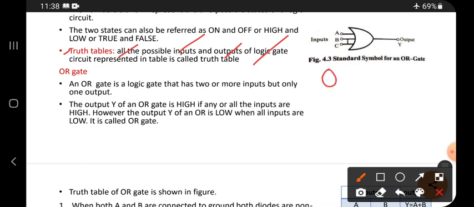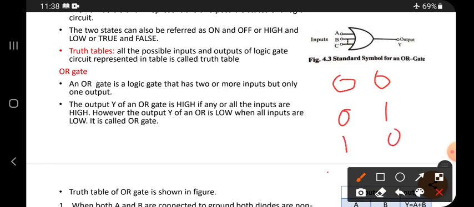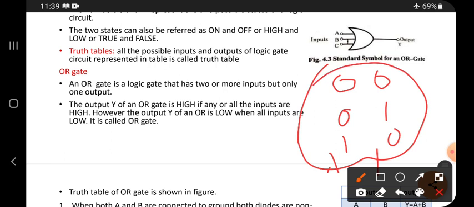Two only, 0 and 1. For two numbers, the possibilities are 00, 01, 10 and 11. So there are 4 possibilities for two numbers, that is simply 2 squared.